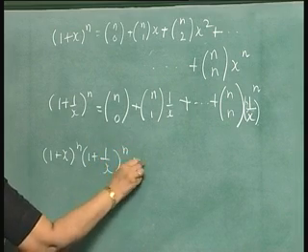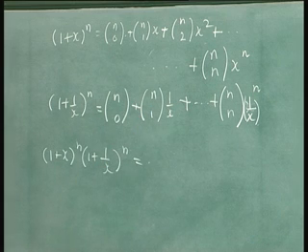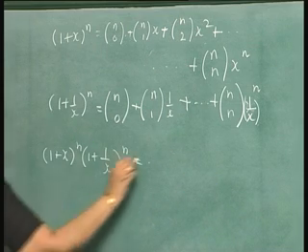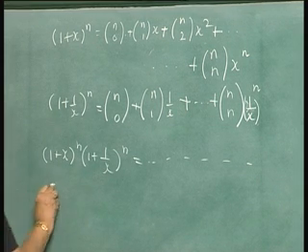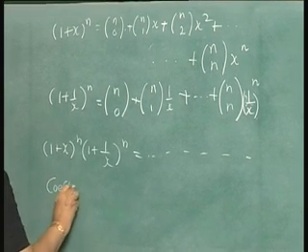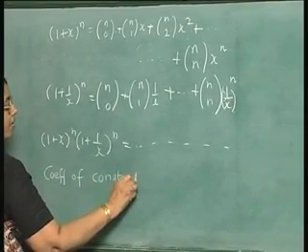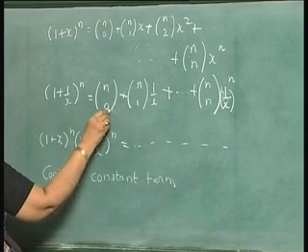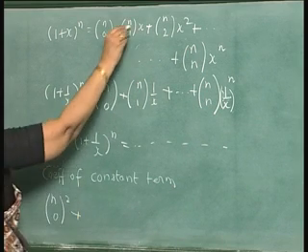Now, what is the coefficient of x power 0, or the constant term here? The right hand side will be some expression. This and this will give you a constant term, that is nC0 the whole squared, and this when you multiplied with this will give you a constant term, that is nC1 the whole squared.